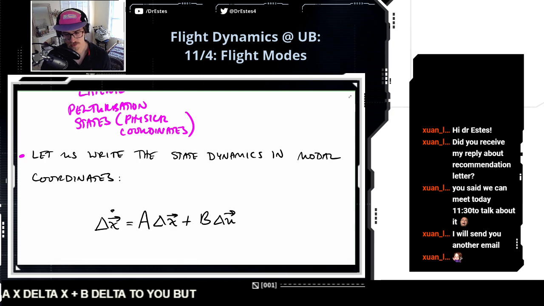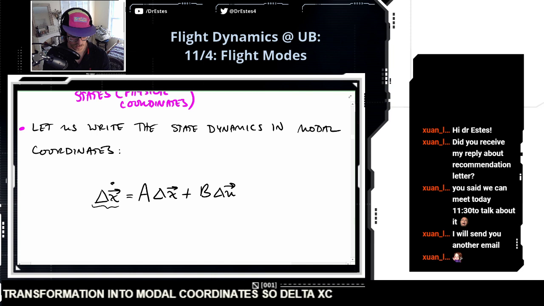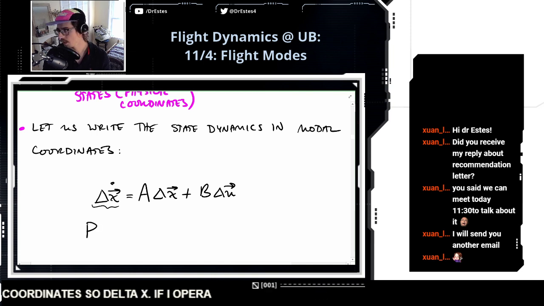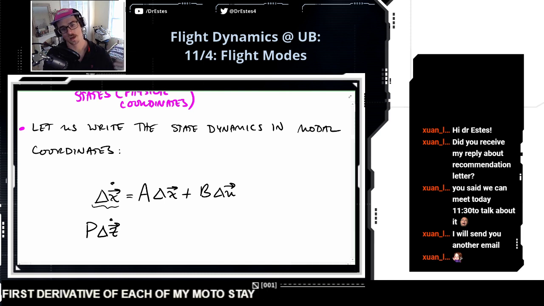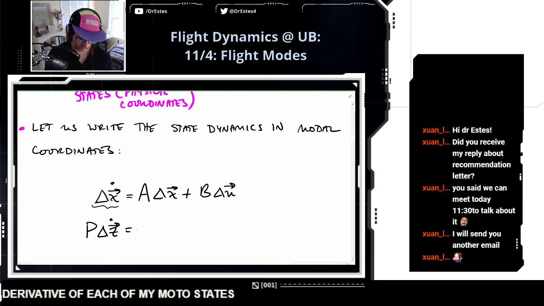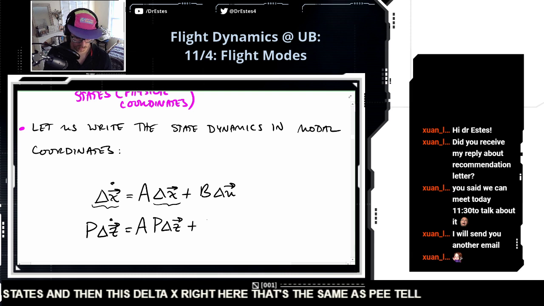But now what I'm going to do on the next line is use the transformation into modal coordinates. So delta x dot is the same as P operating on delta z dot, the first derivative of each of my modal states. And this delta x right here is the same as P delta z, plus B delta u here.